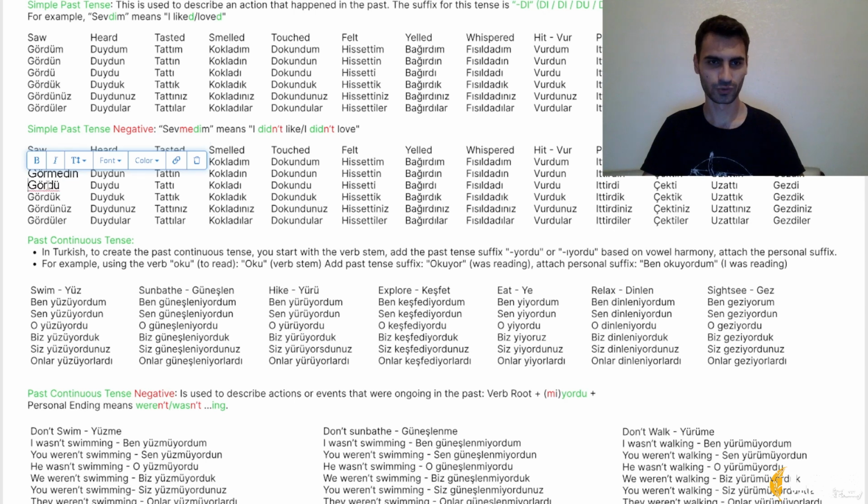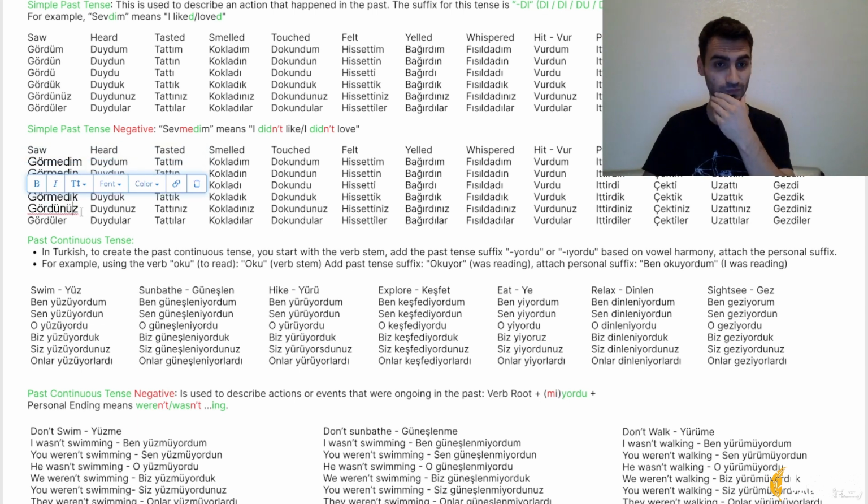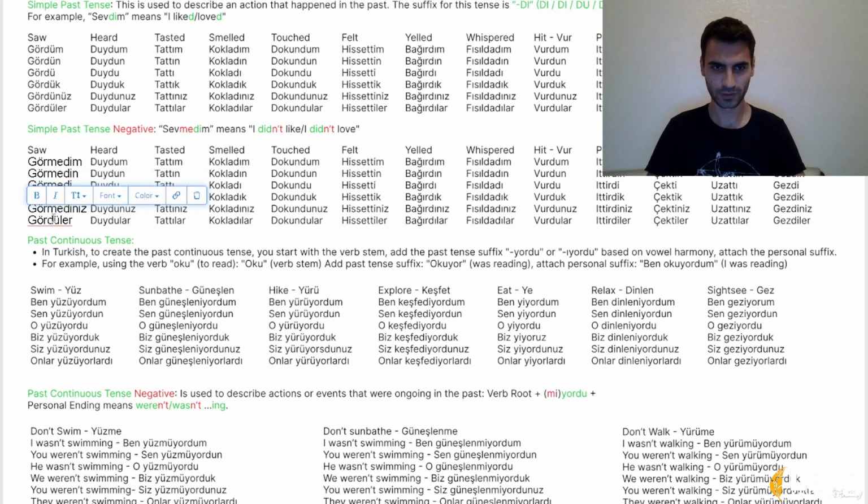Gördü in negative görmedi. Because E becomes E. Gördük becomes görmedik. Gördünüz, görmediniz. Gördüler, görmediler.